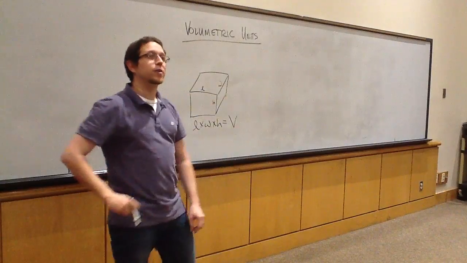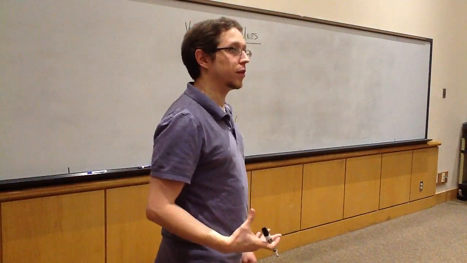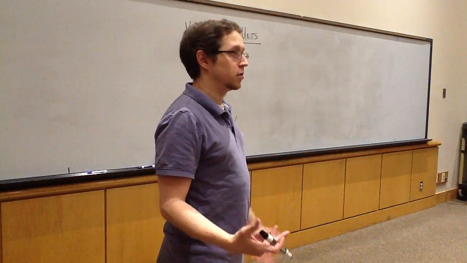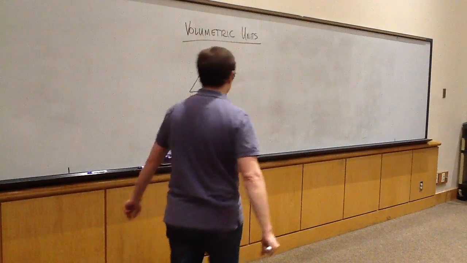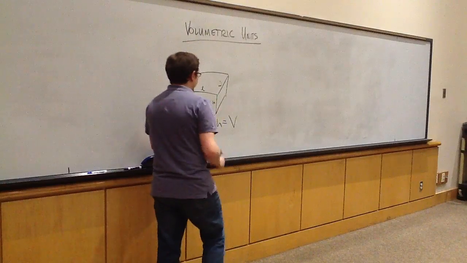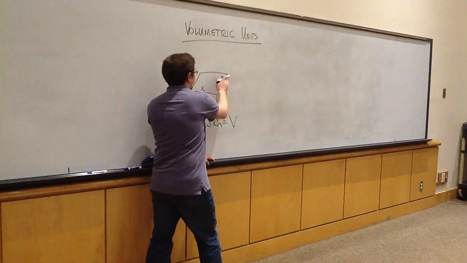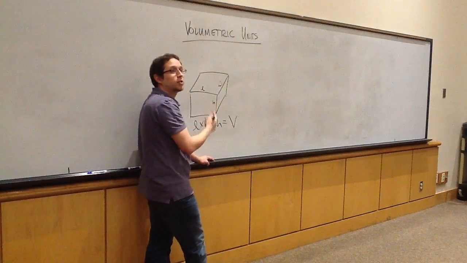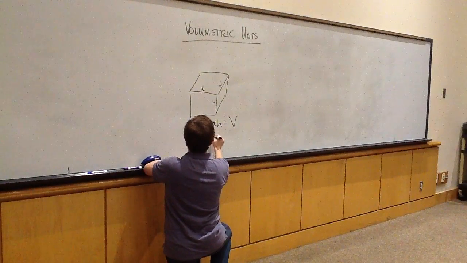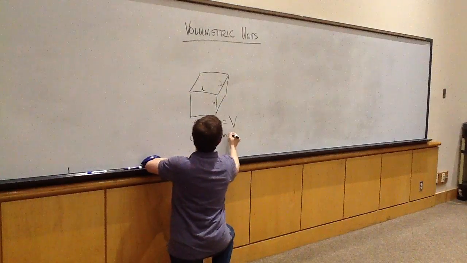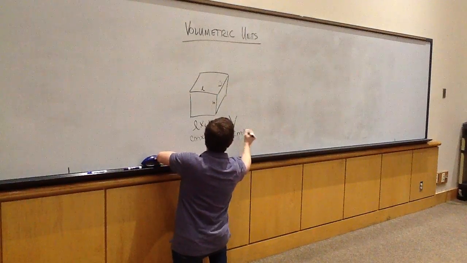But we don't measure length, width, and height in milliliters. We measure it in meters or centimeters or decimeters or whatever. And the cool thing is, when these three measurements are done in centimeters, then what we wind up getting at the end are the units cubic centimeters.